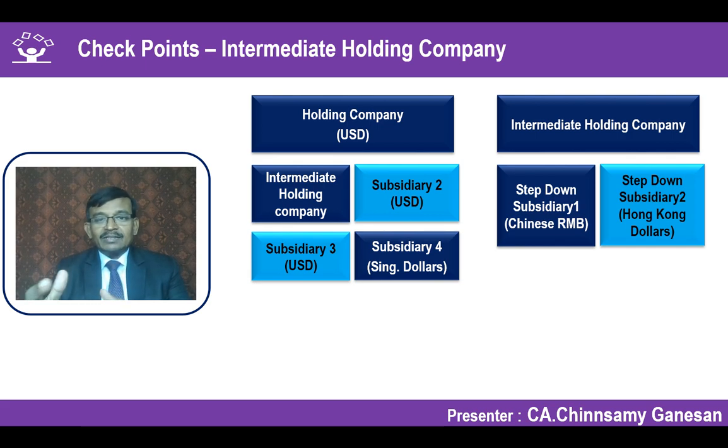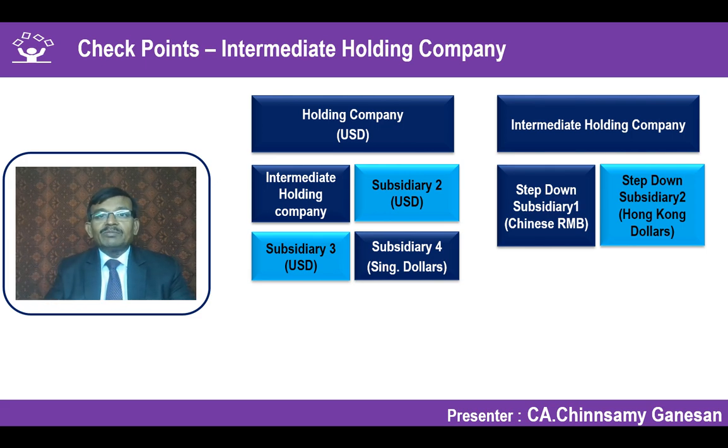You may also ask another question, sir, how the conversion or remeasurement will happen, whether it will be done between the step down subsidiary and subsidiary directly with the holding company, or first we will do the consolidation. As a first step, step down subsidiary 1 and step down subsidiary 2 will be consolidated with the intermediate holding company, and then with all other subsidiaries it will be consolidated with the holding company.